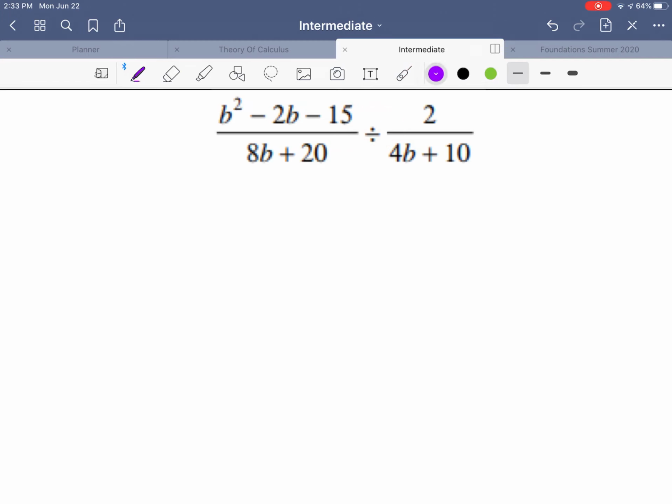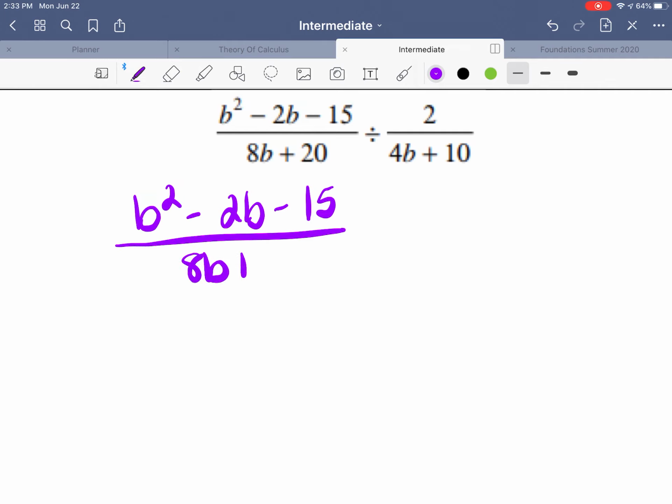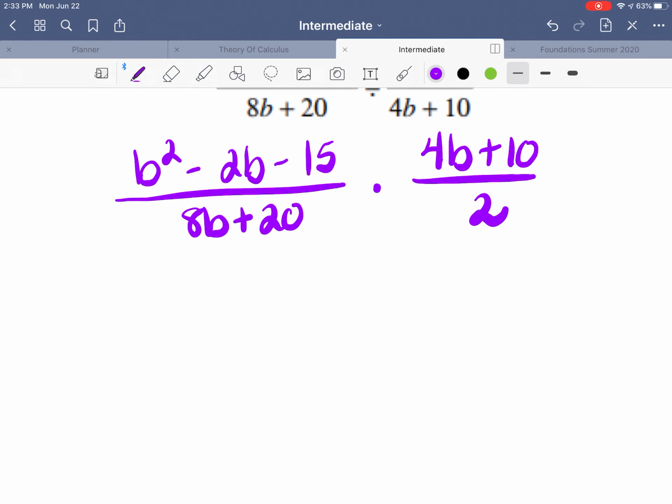We have a division here, which means that we need to flip and multiply. Now I need to factor factors of negative 15 that make negative 2, b minus 5, b plus 3.